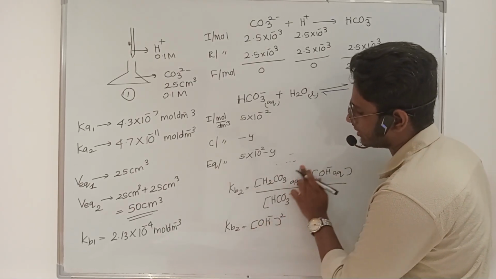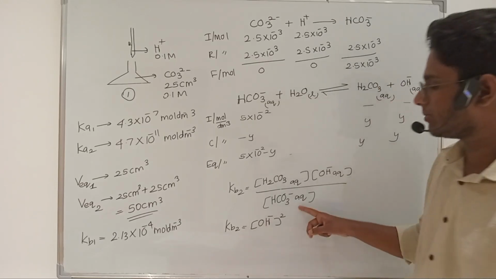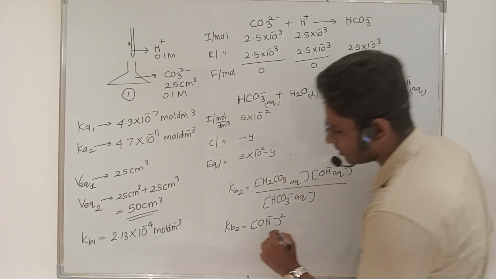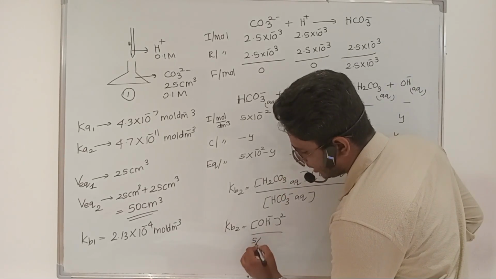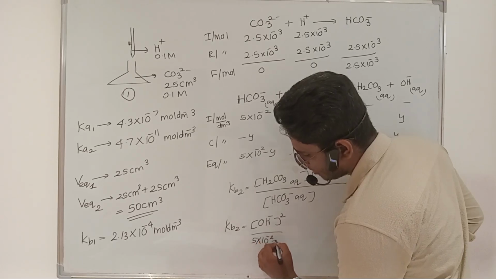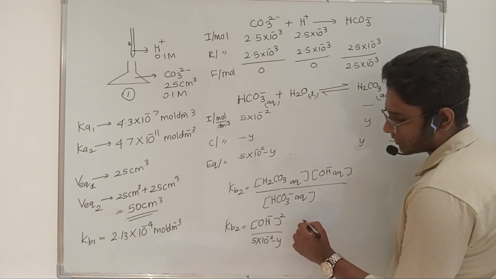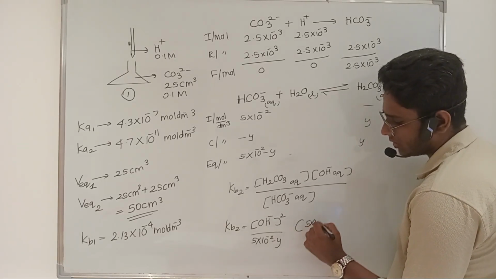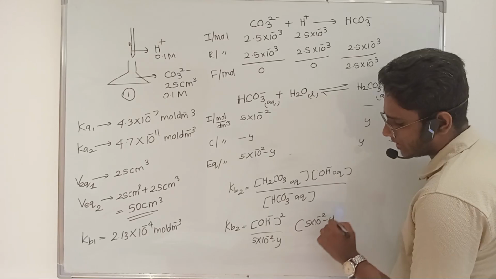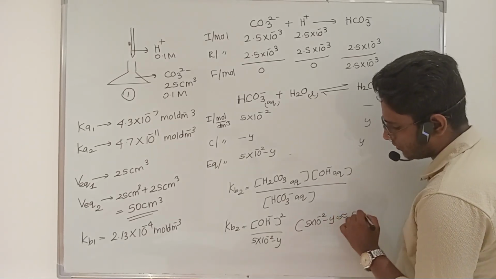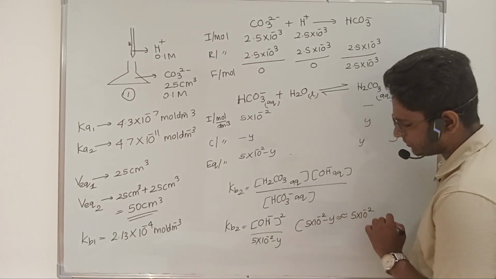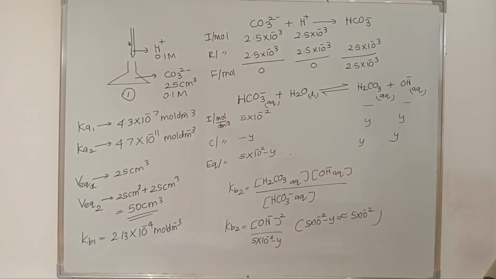And what is the concentration of bicarbonate? 5 into 10 to the power minus 2 minus Y, so I can make an assumption. What is the assumption? 5 into 10 to the power minus 2 minus Y is approximately equal to 5 into 10 to the power minus 2.